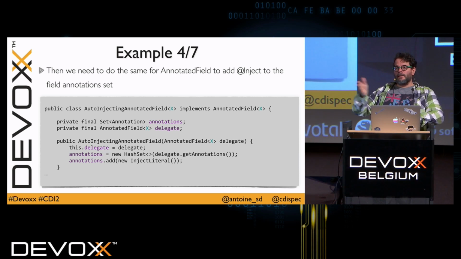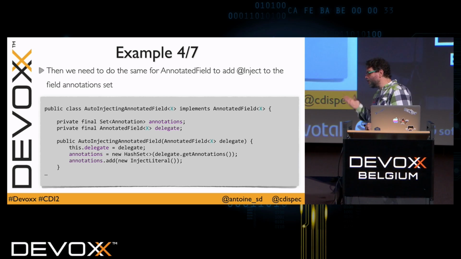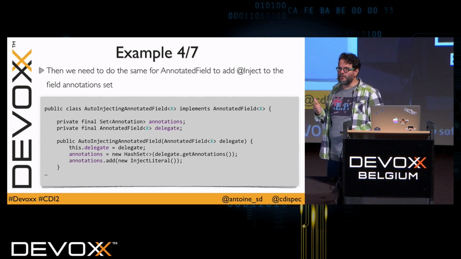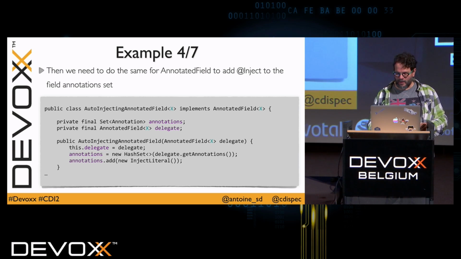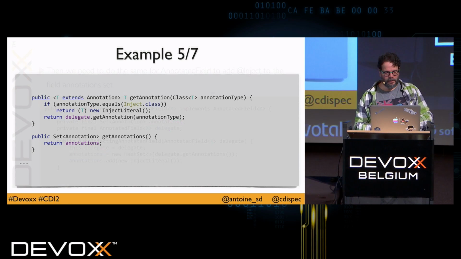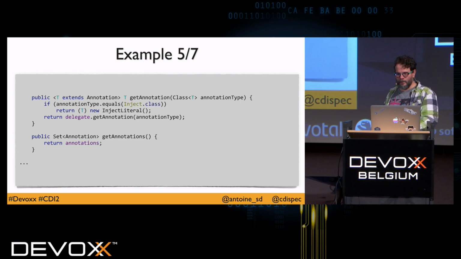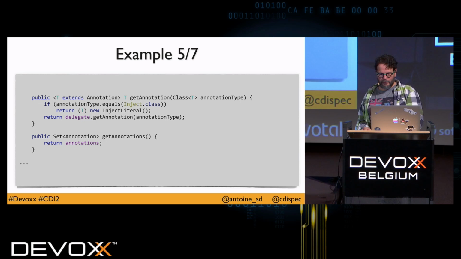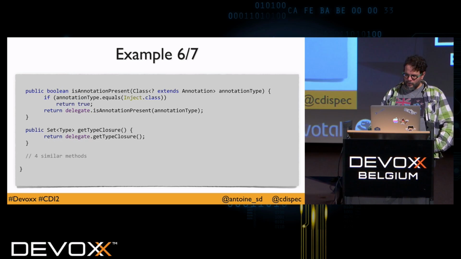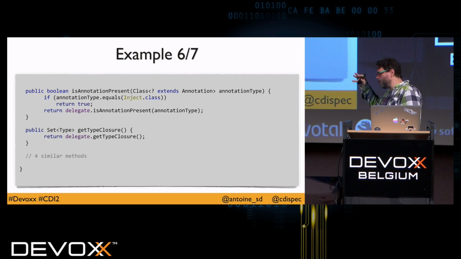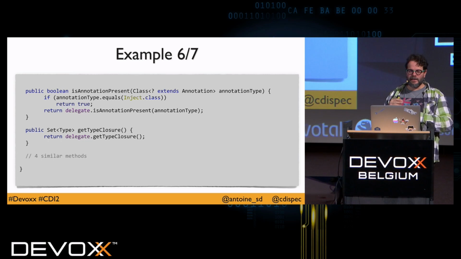I will get all the annotations of the field and add the inject annotation to the bunch of annotations on the field. Still following? Now I have all the methods testing if the annotation is present. If I'm asking for the inject annotation, I have to say it's there.